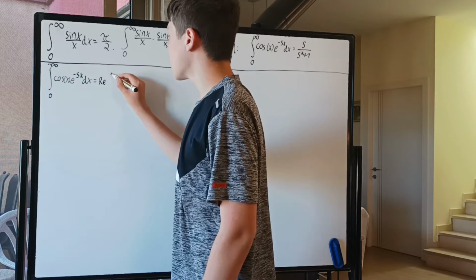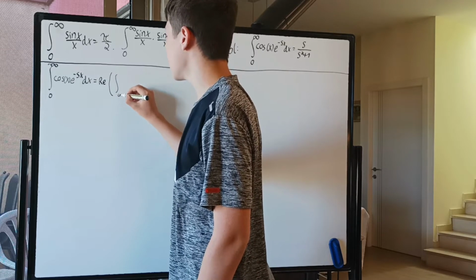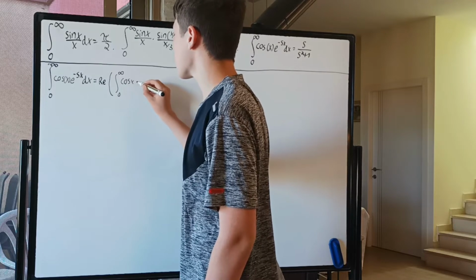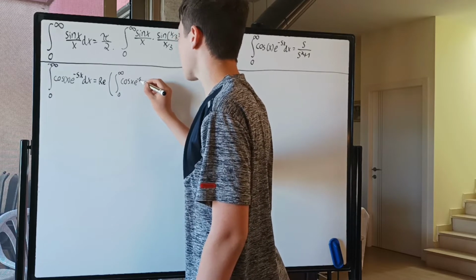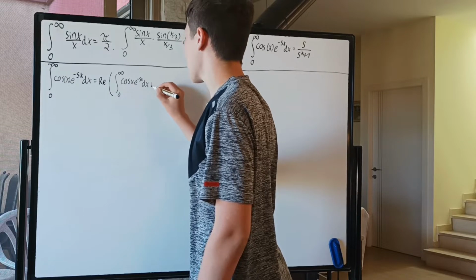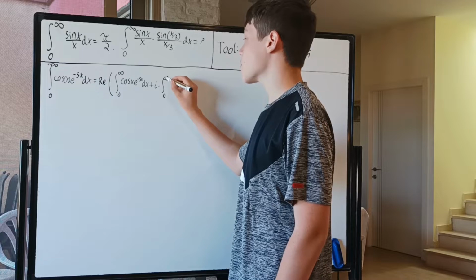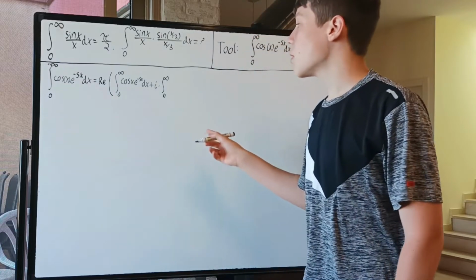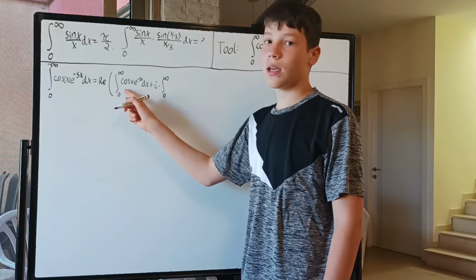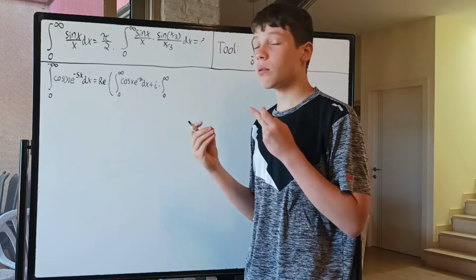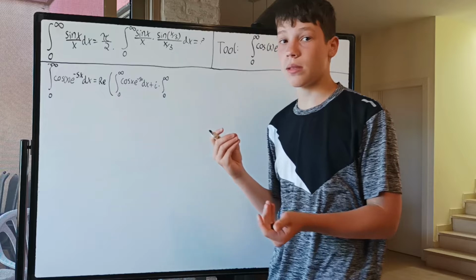So this is the real part of the integral from 0 to infinity of cosine x e to the negative sx dx plus I times the integral from 0 to infinity. Now let's think. We want something with cosine plus I times something to be like something with an exponent of e that we can easily integrate.